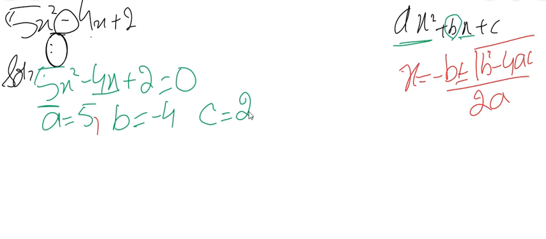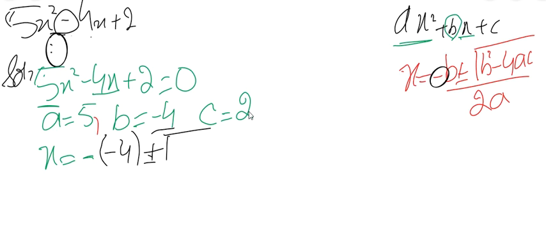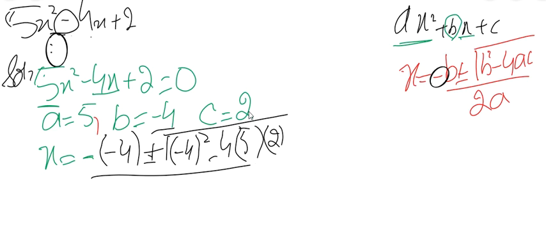How will we write over here, like x equals to minus b, into minus 4, because minus brackets this minus 4, plus minus under root b square, in place of b, minus 4 square minus 4, 5 in place of a and 2 in place of c, by 2 and 5 in place of a.